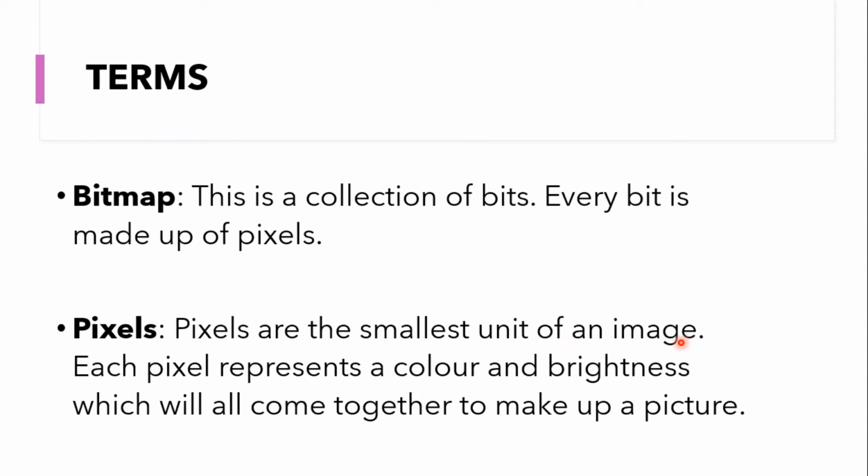That means every picture you see is made up of bits and tiny pieces of dots called pixels that eventually form the picture. Each pixel represents a color and brightness, which all come together to make up a picture.